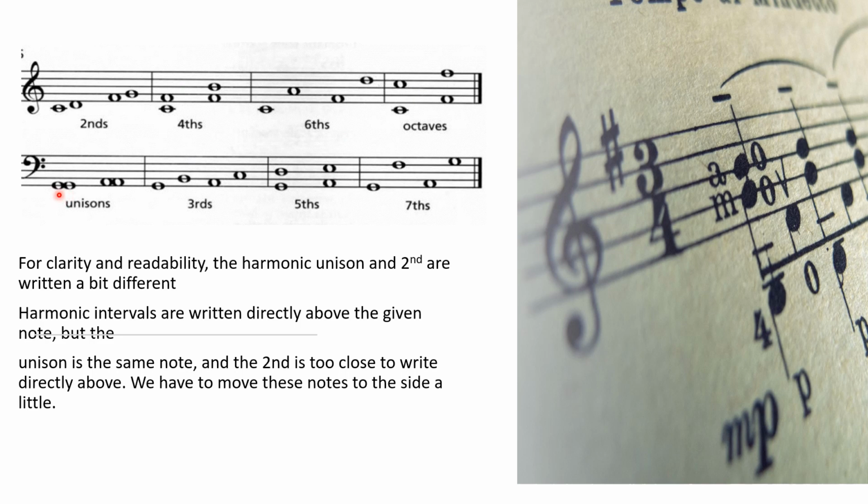So we have 1 still. These two notes are on the line. If the second note was on the space, then it would be a second and not a unison. So unison is the same note, and the second is too close to write directly above, so we have to move this note to the side just a little, just for clarity.